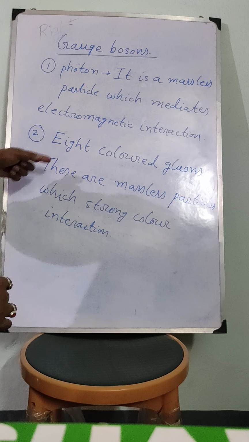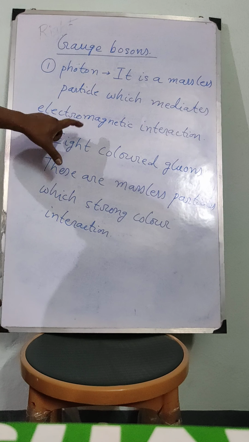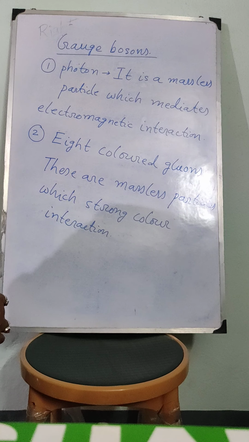So we have 8 kinds of colored gluons. So we have got 9 particles, 1 photon and 8 colored gluons.